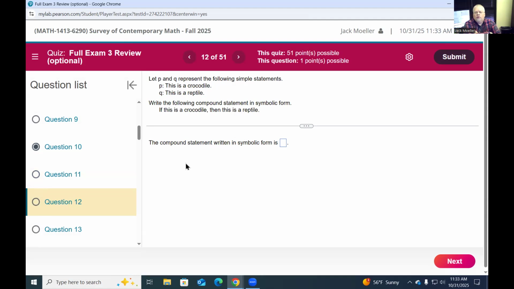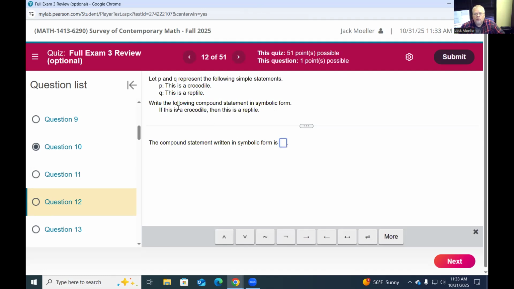All right. So the other thing in 3.2 is translating English to symbolic form. Here P is a crocodile, Q is a reptile. And so we want to write: if this is a crocodile, then this is a reptile. So write it in symbolic form. The first thing you need to do: is a crocodile, that is P. This is a reptile is Q. So it starts with P, goes to Q, so order is important.